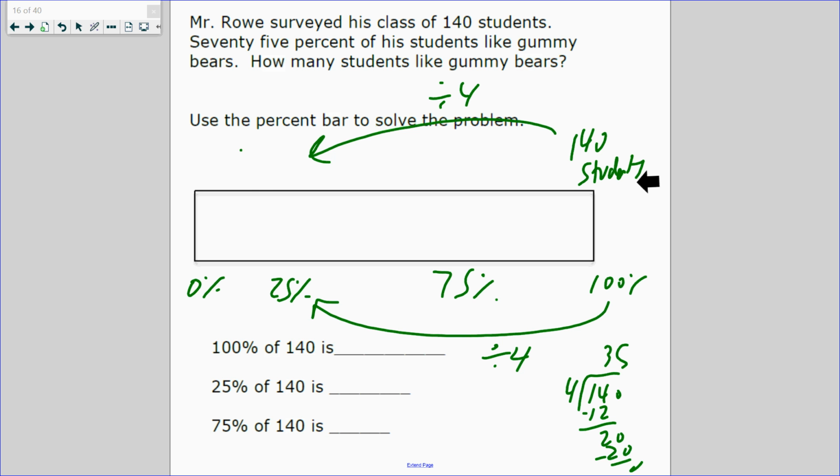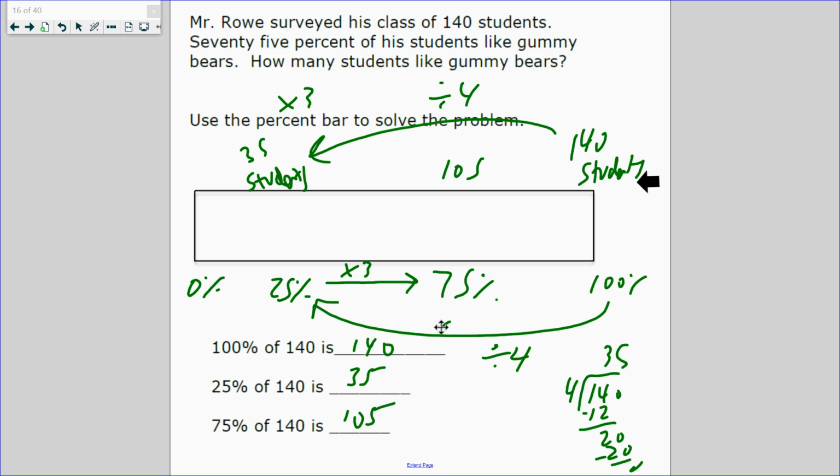So it represents 35 students. And what is the relationship between 25% to 75%? Times 3, 35, 35, 35 is 105 students. So 100% is 140, 25% is 35, 75% is 105.